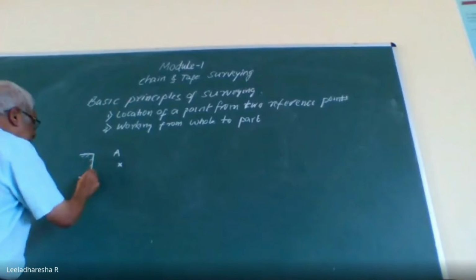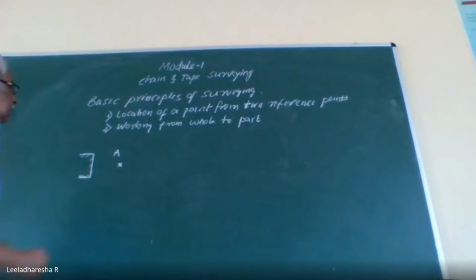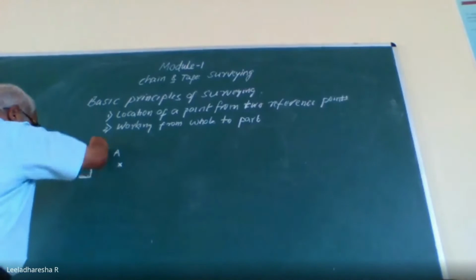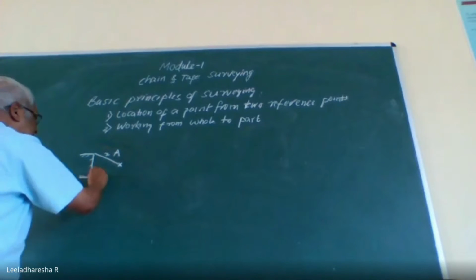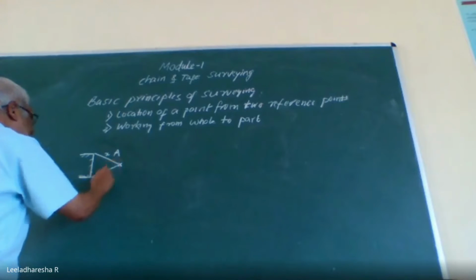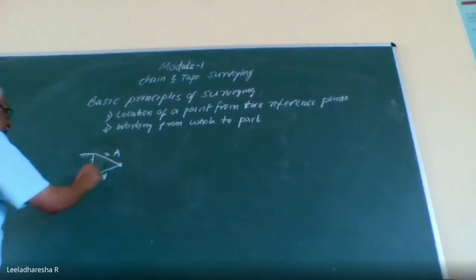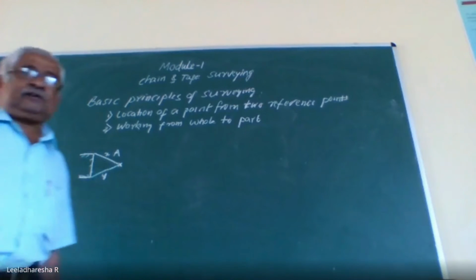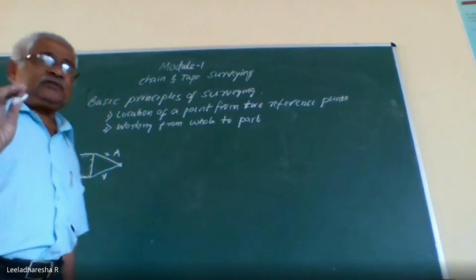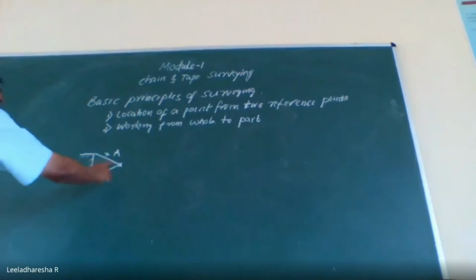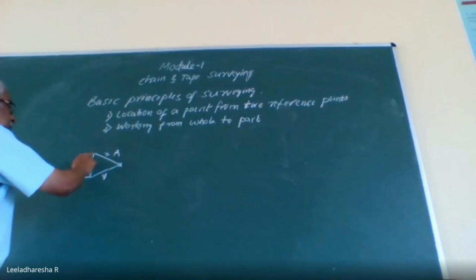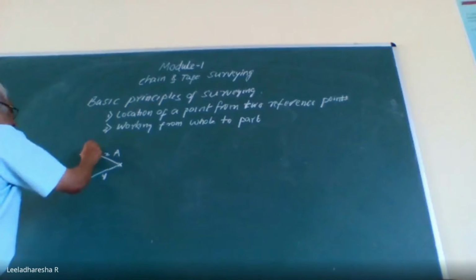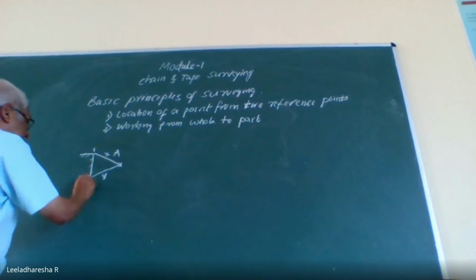Let us say a building is there on your drawings. So measure this distance as x and this distance as y. So x and y will be the known data for any surveyor. So I am representing this point A by measuring the distance from corner of the building 1 and corner of the building 2.